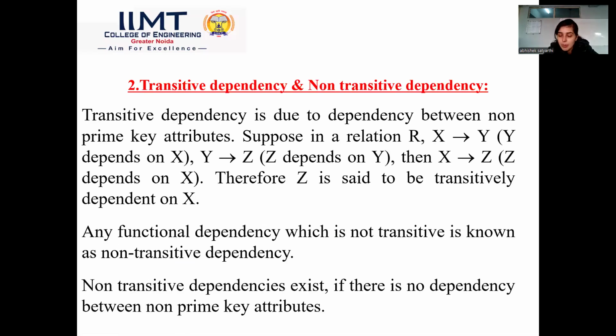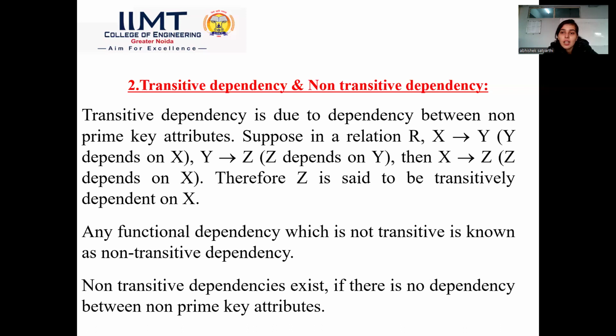Next is transitive dependency and non-transitive dependency. Transitive dependency is due to the dependency between non-prime key attributes. Suppose from a non-prime key attribute we can derive another non-prime attribute, then transitive dependency takes place.